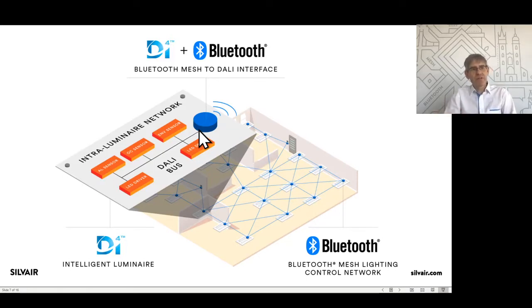Bluetooth defines the application controller behavior, as well as how these application controllers interact with each other, forming a mesh network. So from the technical perspective, there is a DALI D4i luminaire. It is equipped with a node that is both a DALI node, which from the DALI network perspective is visible as an application controller, as well as a Bluetooth mesh peer node, which appears as one of the nodes of the Bluetooth mesh network.